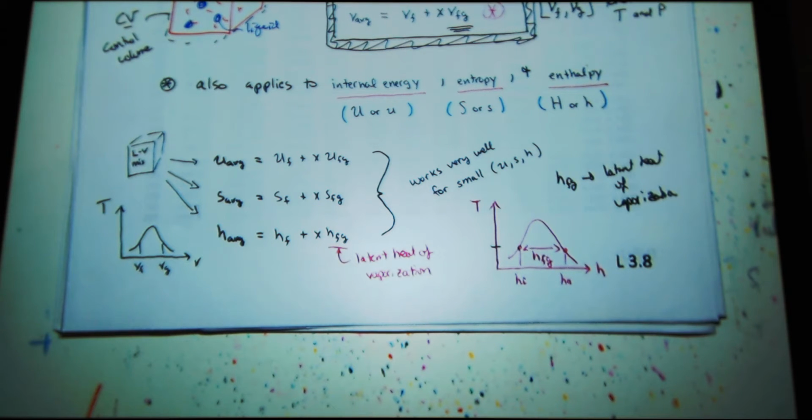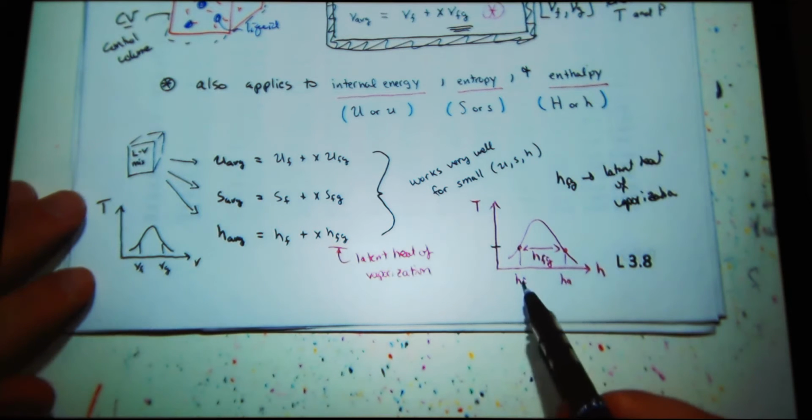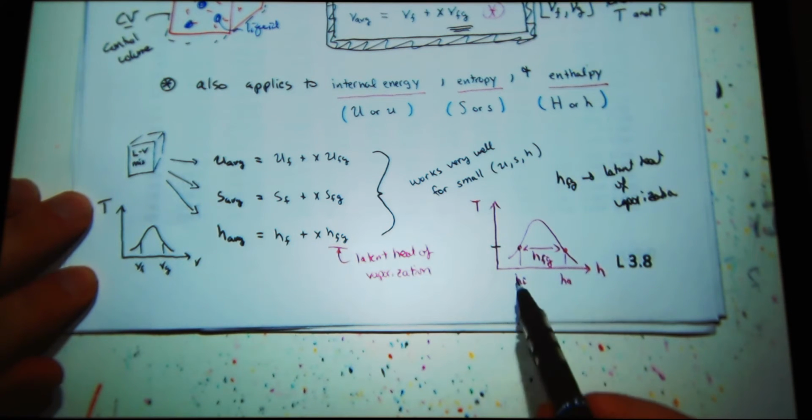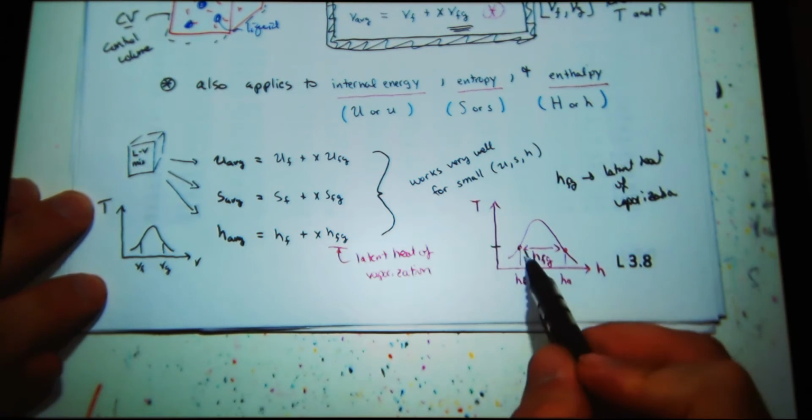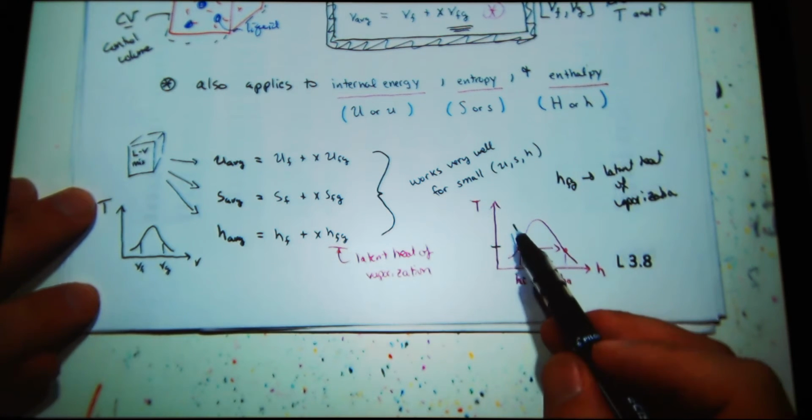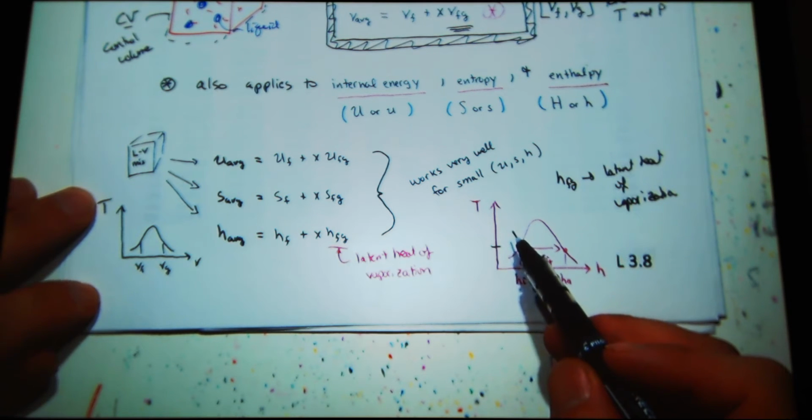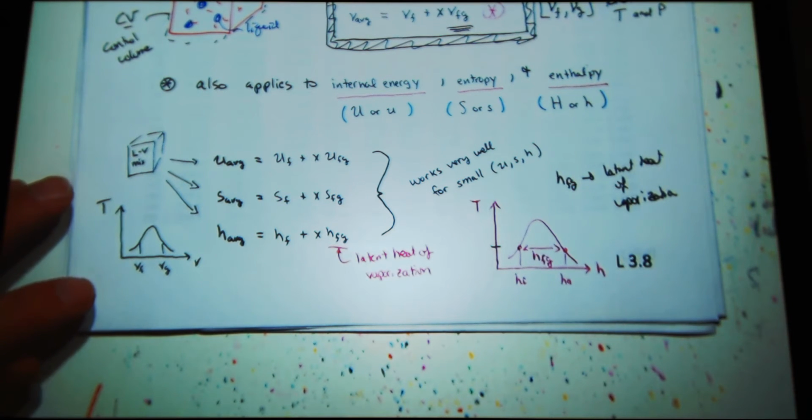Mm-hmm. Okay. So when I plot T versus H, if I'm going to take a pot of water and boil it, I want to know how much energy I have to put in to boil that water.